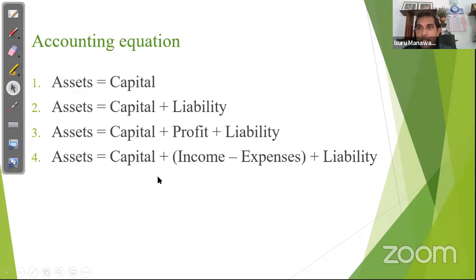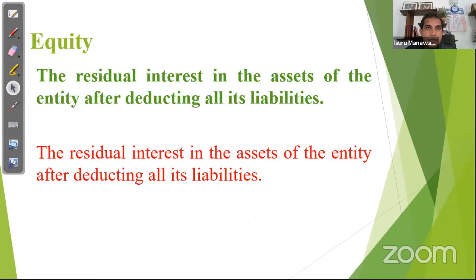Now we'll go to the definition. You can see two colors, green and red. Both can be read: a residual interest in the assets of the entity after deducting all its liabilities.